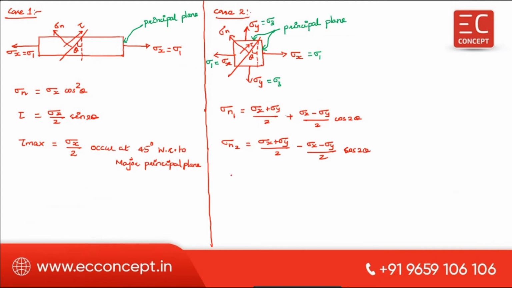Now we can write the relation: sigma n1 plus sigma n2 is equal to sigma x plus sigma y, or we can call it sigma 1 plus sigma 3, which is equal to a constant. Very important examination question: constant.